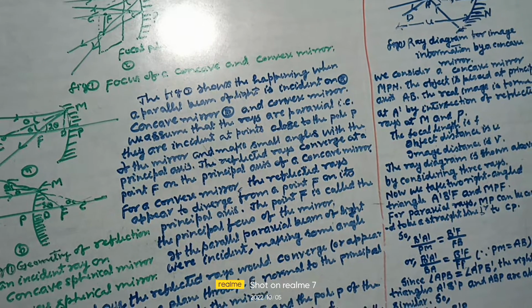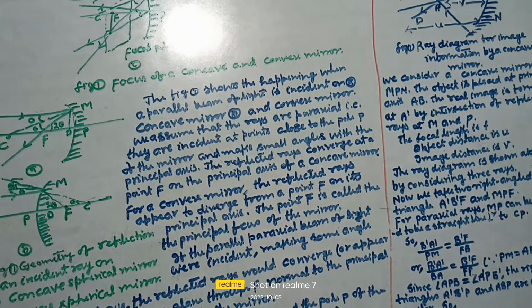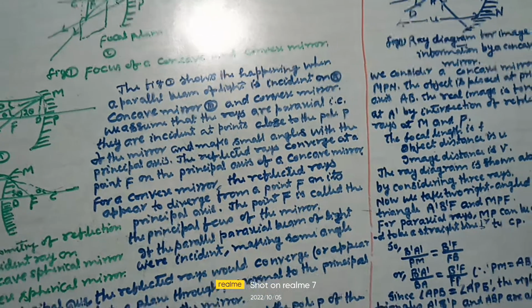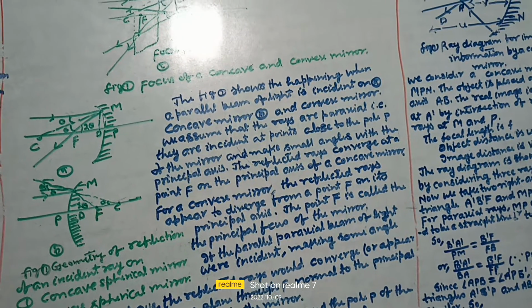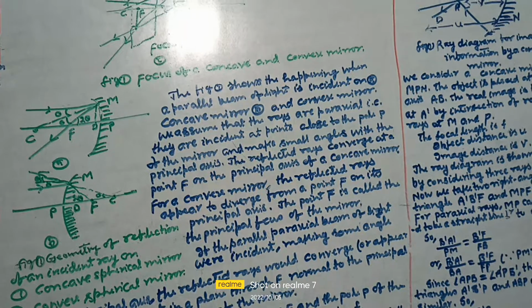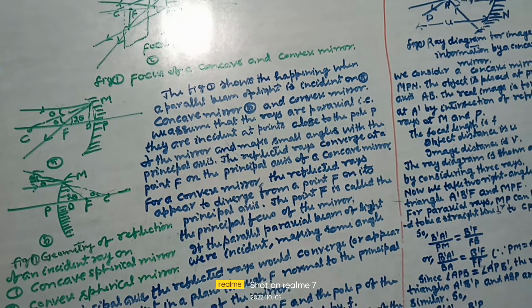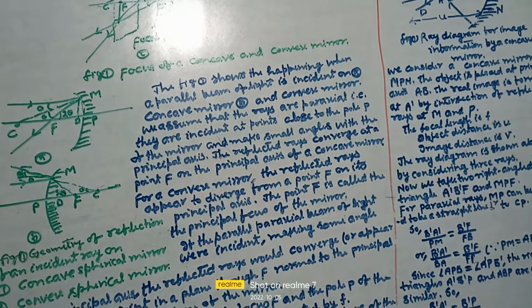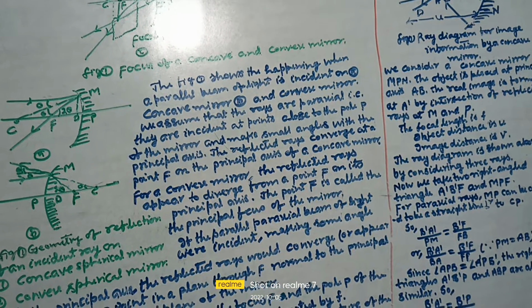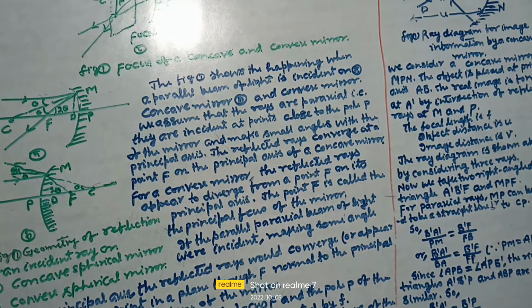The reflected rays converge at a point F on the principal axis of a concave mirror. For a convex mirror, the reflected rays appear to diverge from a point F on its principal axis. The point F is called the principal focus of the mirror.